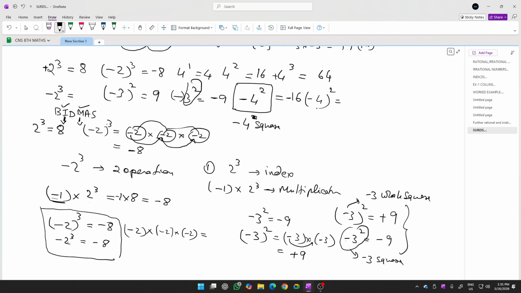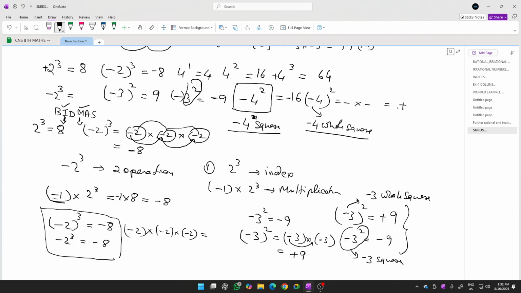Now how are we going to read this? This you are going to read as minus 4 whole square. You see, minus 4 whole square. This was minus 4 square. So when it is minus 4 whole square, you have to do the square of this negative sign also. So minus you will have to multiply 2 times. Minus, if you multiply 2 times, you will get the answer as plus.